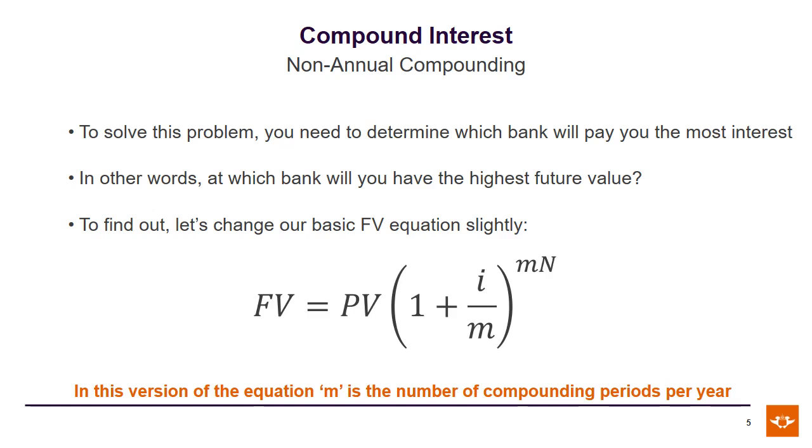And we have to raise it to the power M times N, where N is the total number of years or total period you're interested in investing the money for. So if you're interested in investing it for 2 years and interest is paid half yearly, you will have a total of 4 periods, 2 times 2.